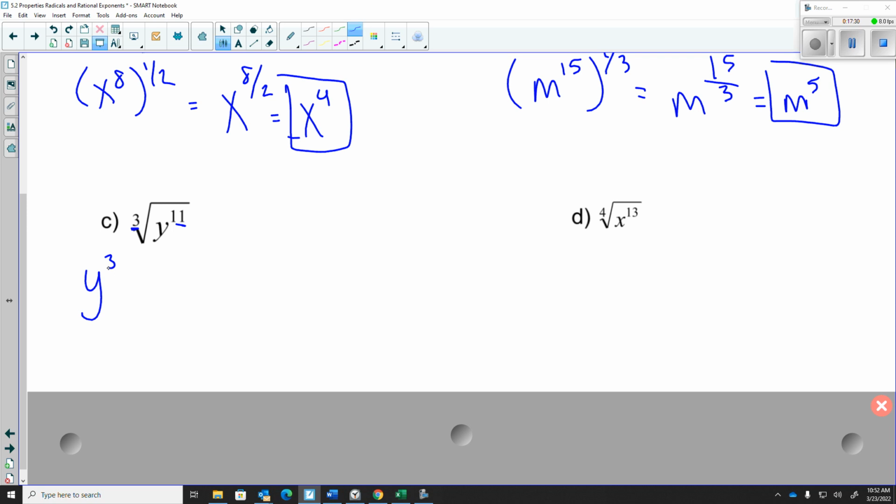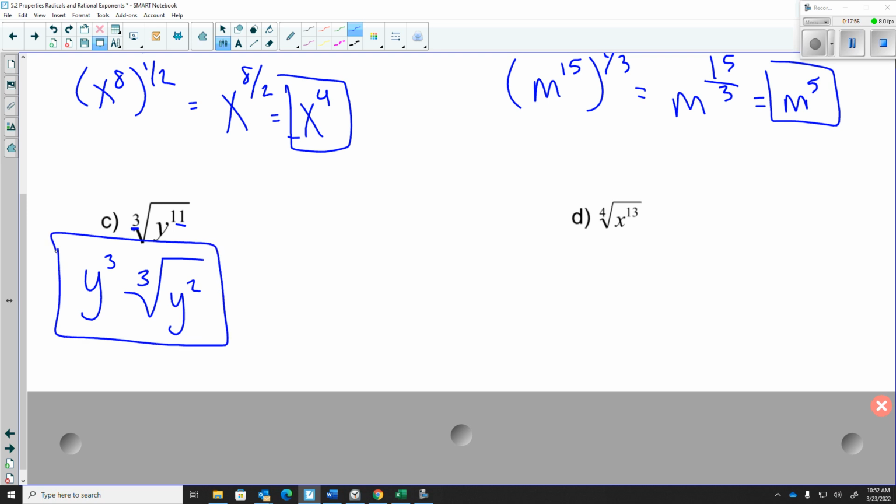Here's what you're going to do with your remainder. You're going to put that underneath the radical, so it's y squared underneath that. And this is where you leave it.